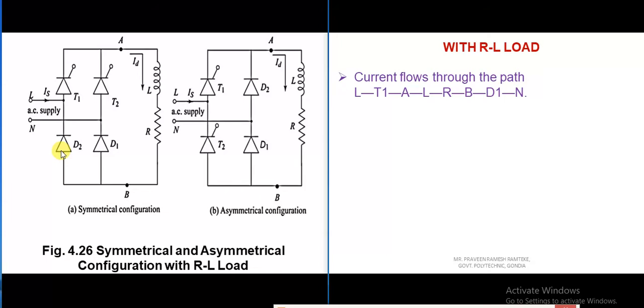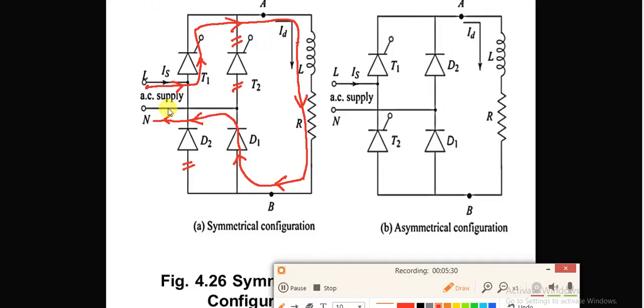We will see the direction of current flow. So this red colored line indicates the direction of current flow.